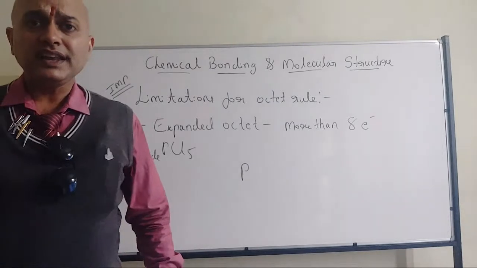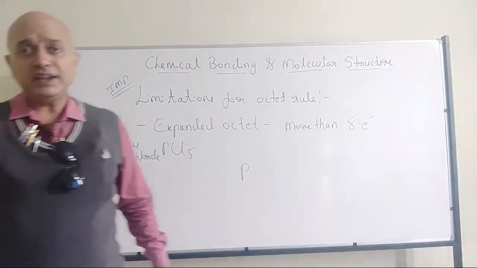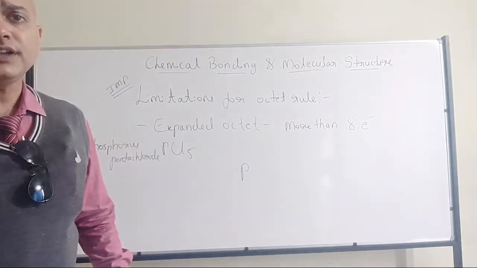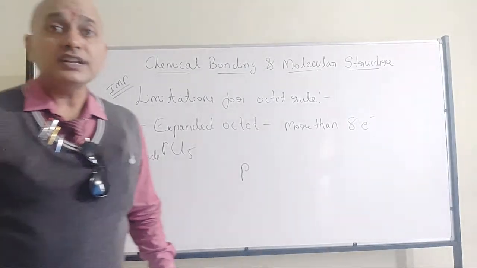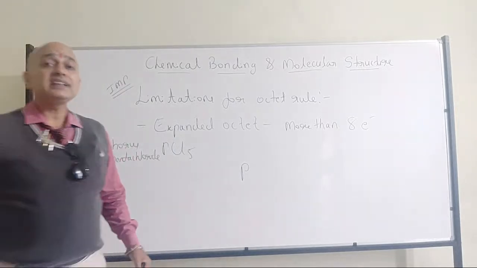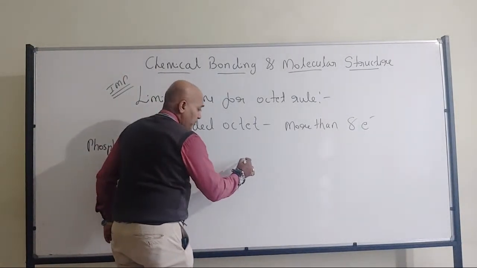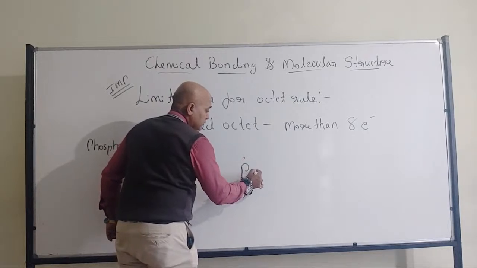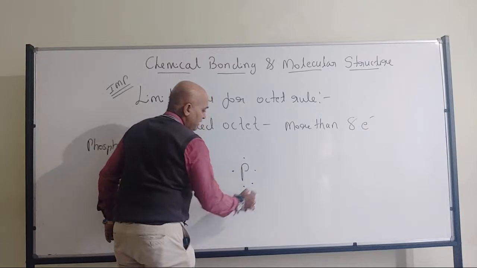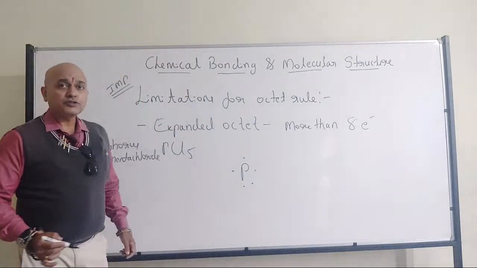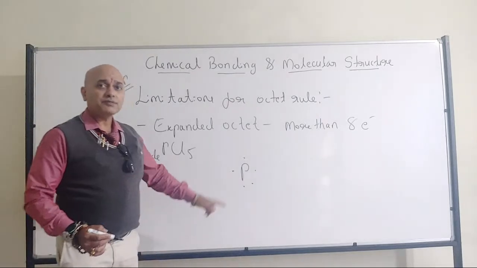Yes, Shuchita, very good. Phosphorus is a group 15 element. It is down to the nitrogen, so naturally it should have 5 valence electrons. All of you are correct. So 1, 2, 3, 4 and 5. Total 5 valence electrons. Since they are involved in bonding, I have made it separate.